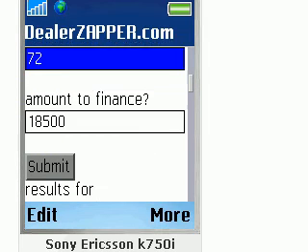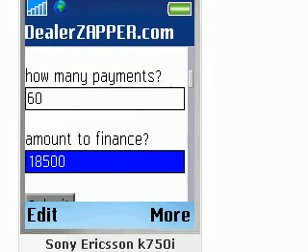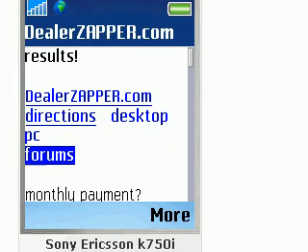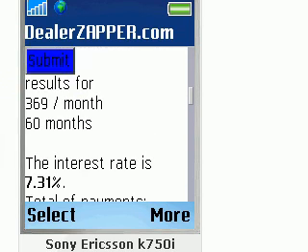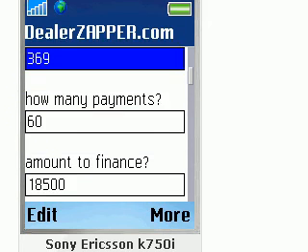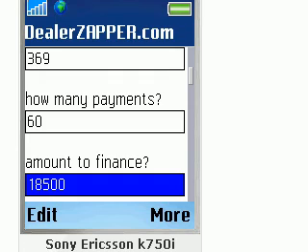Now, we're going to go back to our original example here. $369, 60. Go down here, submit. We'll see that we're now back to our 7.31%. Now, what if we had $369 a month, 60 months, but we're financing $15,500?